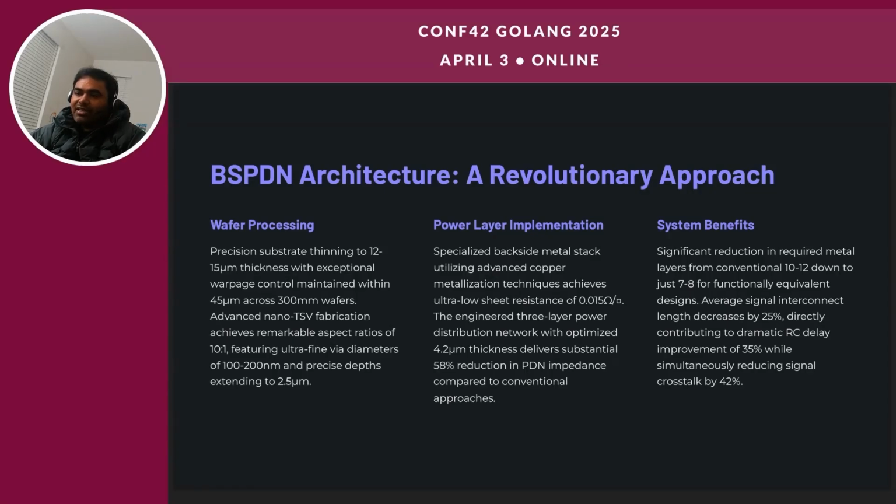So signal interconnect length decreases by 25%, directly contributing to a dramatic RC delay improvement of 35%, while simultaneously reducing signal crosstalk by 42% because of more routing resources available for the signals. So it improves the performance and reduces the dynamic power, as there are more vias for the power and more routing resources available for the signal, so there will be less crosstalk.